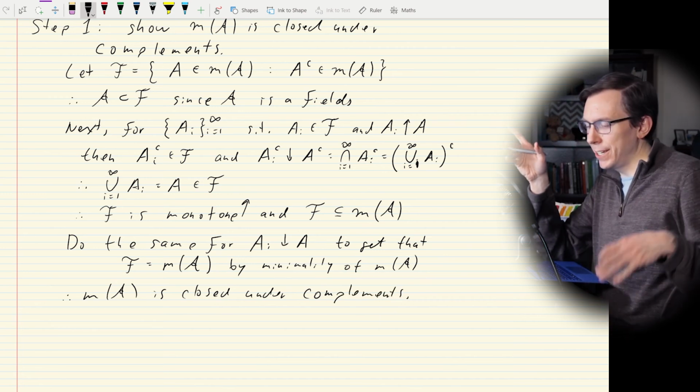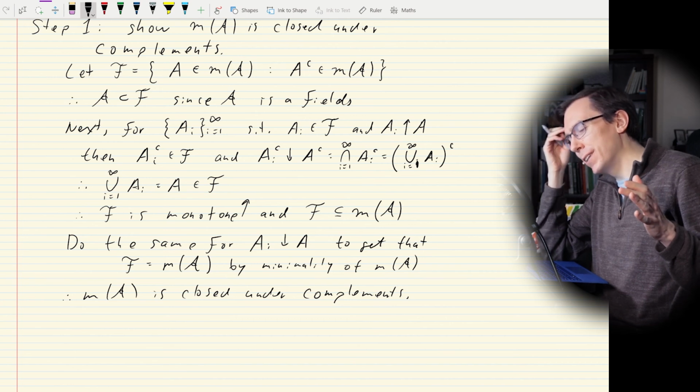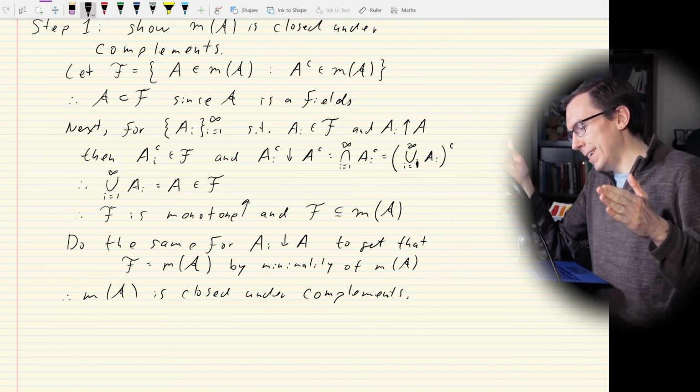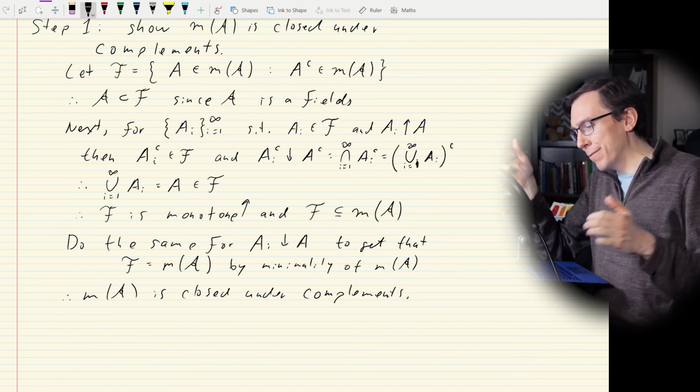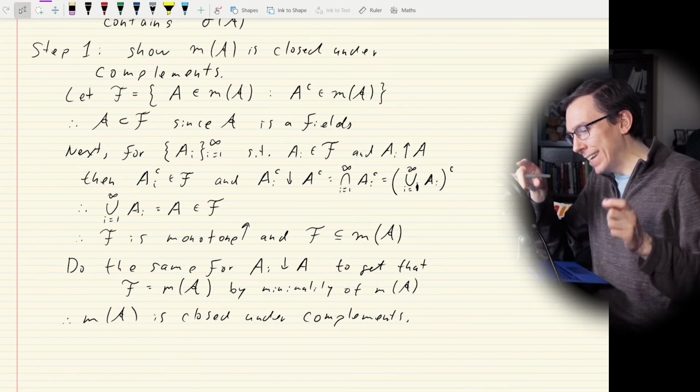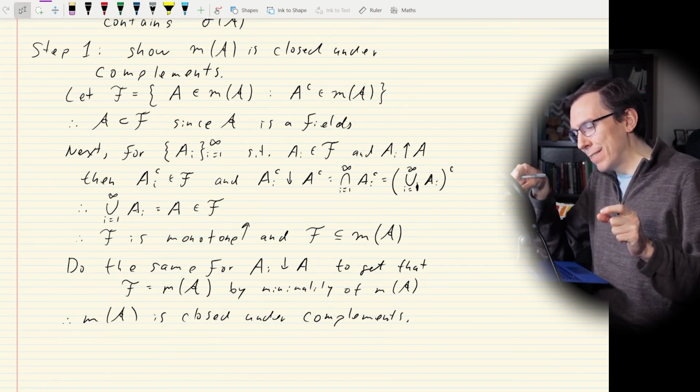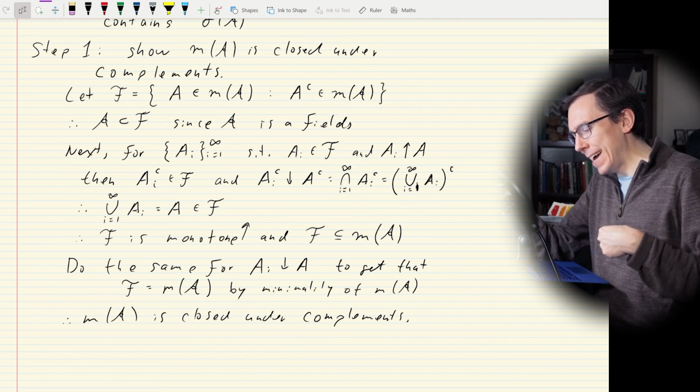All right, what's the logic here? The logic, because I think it got a little bit muddled there at the end. The point is that I want to show that F, which is the sets that I'm allowed to have complements of in MA, is monotone.